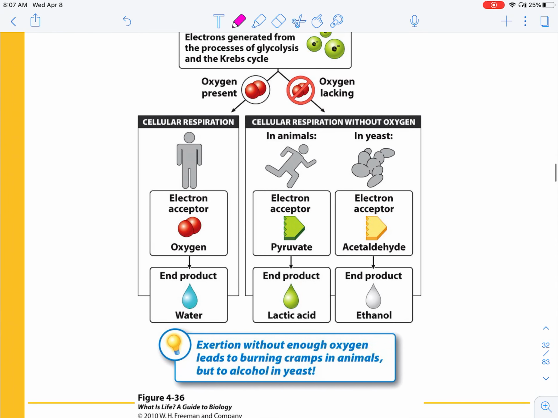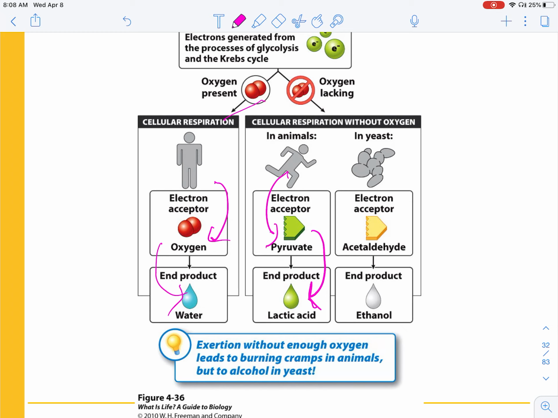And so that's shown here. Cellular respiration, when oxygen is present in animals, the final electron acceptor is oxygen, and then the electron ends up in water. Without oxygen in animals, the final electron acceptor is pyruvate, and then that gets converted into lactic acid, which can ultimately be regenerated later on.